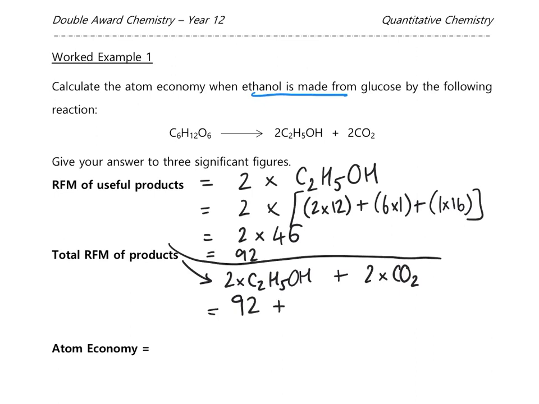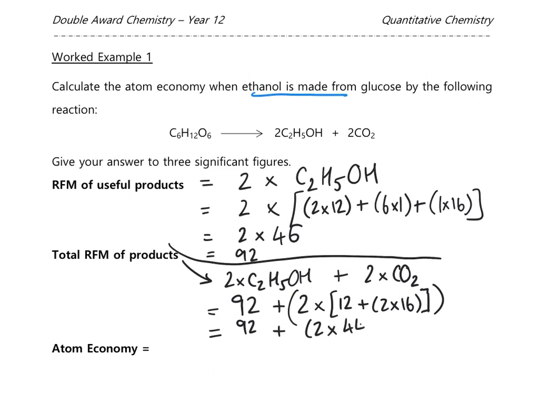And then I've got to do my 2 carbon dioxides. So I've got 2 multiplied by, how many carbons do you have? 1, which has a mass of 12. And then you've got 2 oxygens, each with a mass of 16. So it's going to be 92 plus 2 times 44.